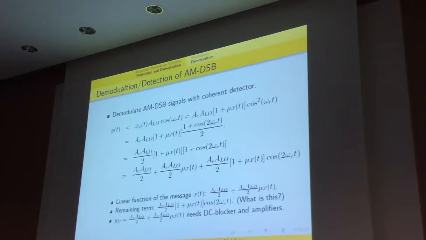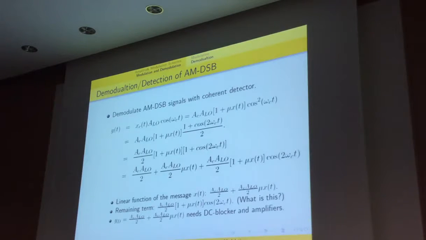So with a low pass filter, with its cutoff frequency within a range from B. Okay, why B? Because the original message bandwidth is B, right?